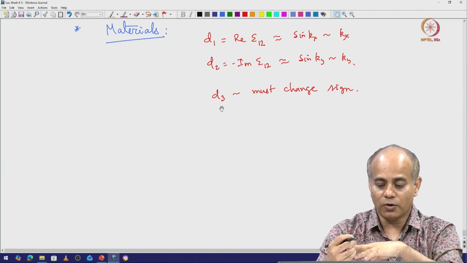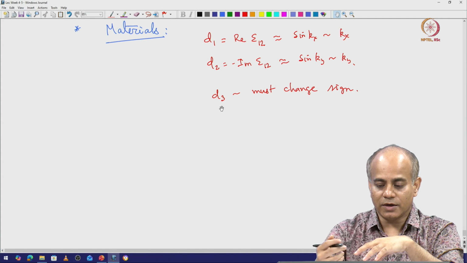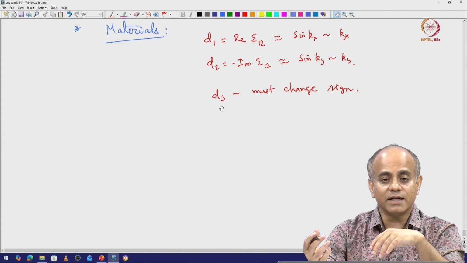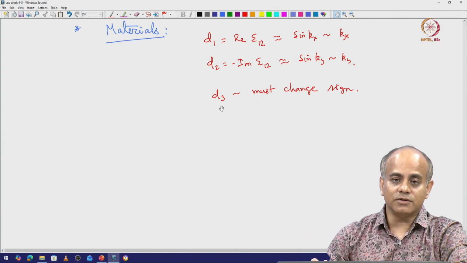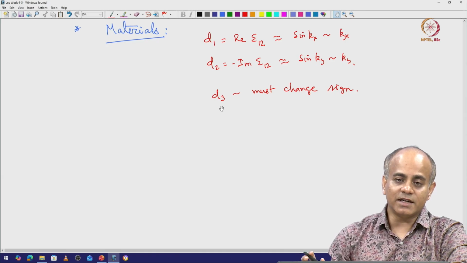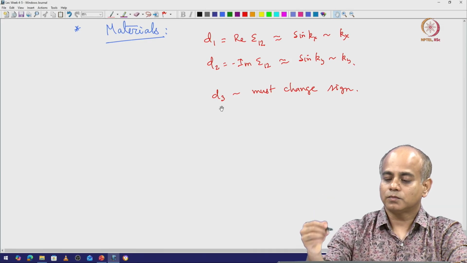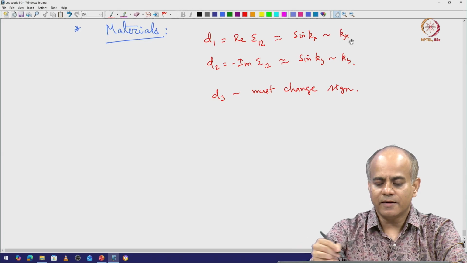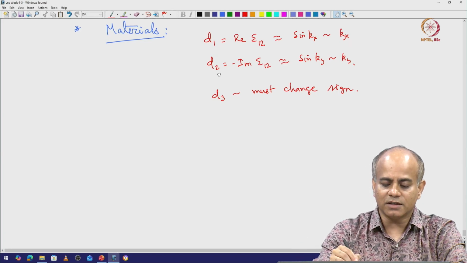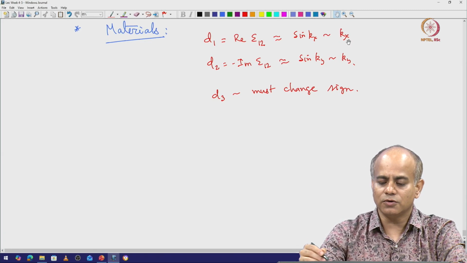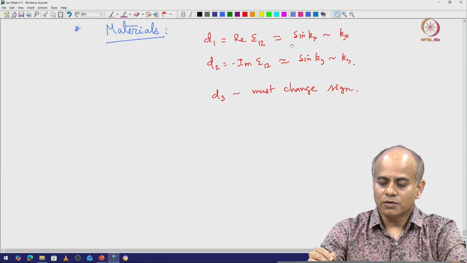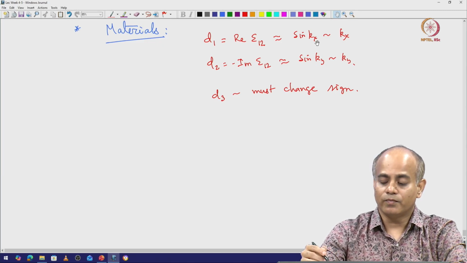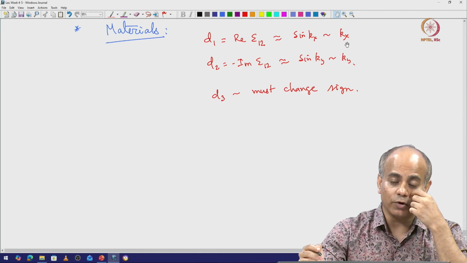So those are the singular points. The second case we studied is where all 3, D1, D2, D3, have to change sign, but at different k points. Then we have a topological insulator. The set of Hamiltonians we studied is such that the off-diagonal terms, which are written by D1, D2, should have this sort of form, such that they will vanish at the high symmetry k points.